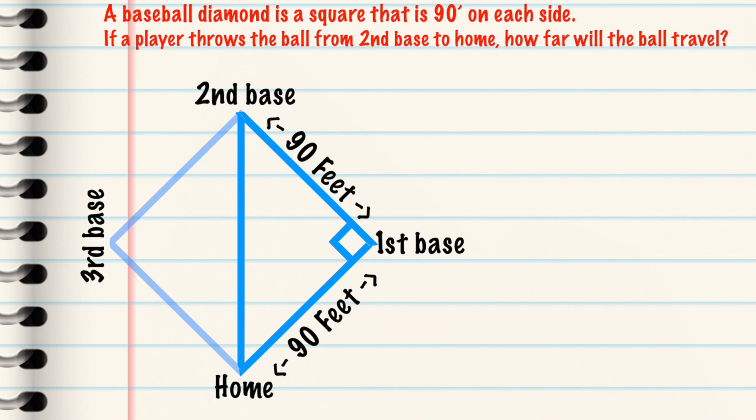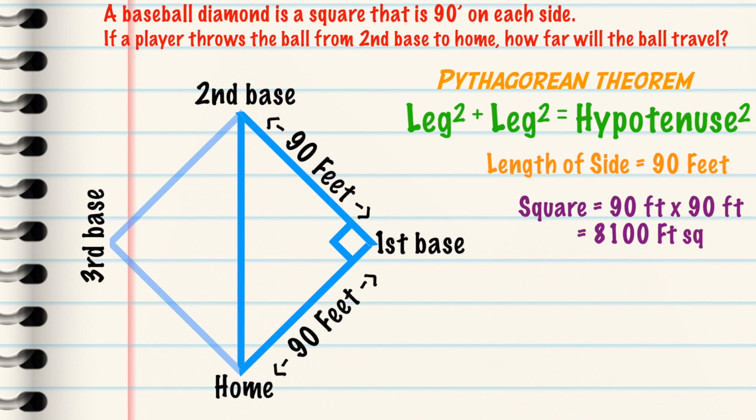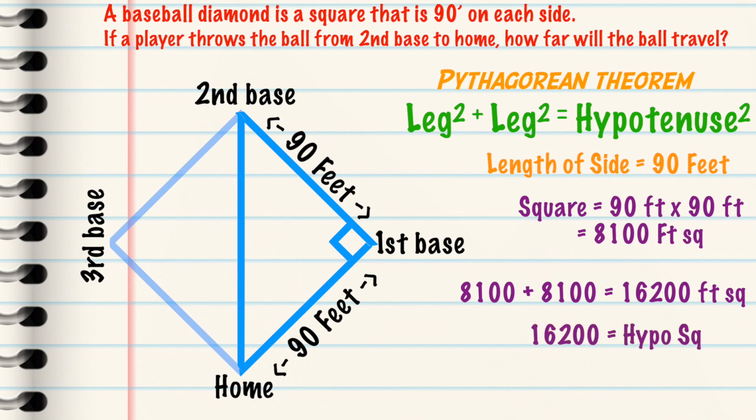Well, how do we find the length of the hypotenuse? We can apply the Pythagorean theorem. We know the length of each leg is 90 feet. So 90 squared plus 90 squared is 16,200 feet squared, which is equal to the hypotenuse squared.